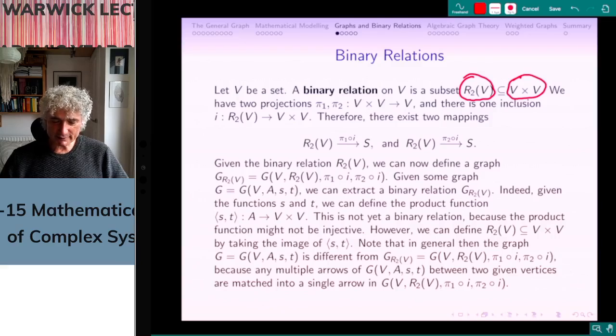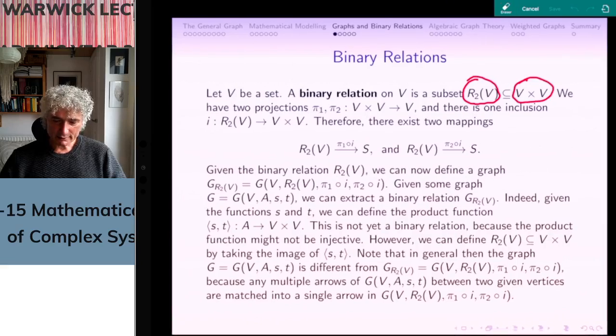The 2 is standing for binary relation, and the reason is that we have here a Cartesian product of 2 times the vertex space. So every element in R2V here can then be later written as a 2-tuple in the usual notation.